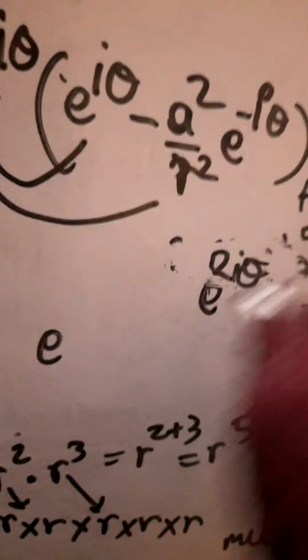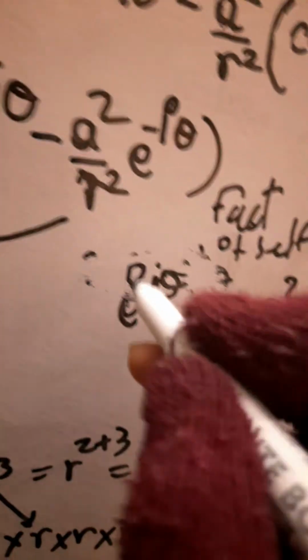So e raised to 0, like 0 into anything is 0. If there are 1,000 things and I take nothing of it, then I would have nothing anyway, even if 1,000 things are there. This means how many times it is added.